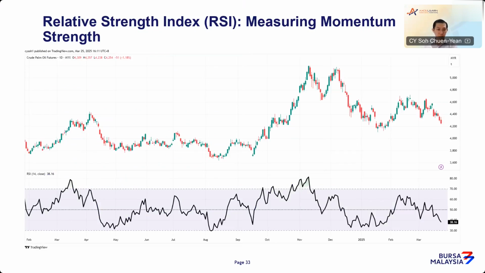Now, here's an example. On the left hand side, when your RSI is above the 50 level, it is considered an uptrend. The second highlighted area, RSI above 50, is an uptrend.